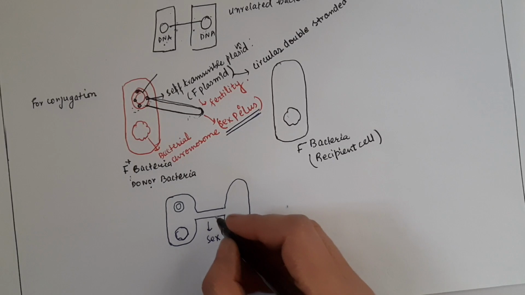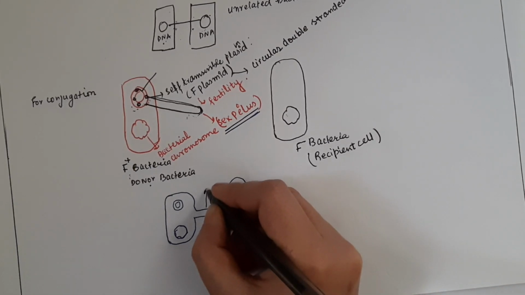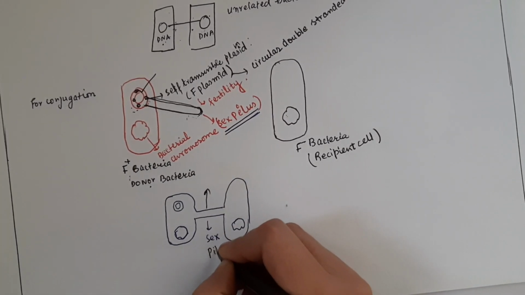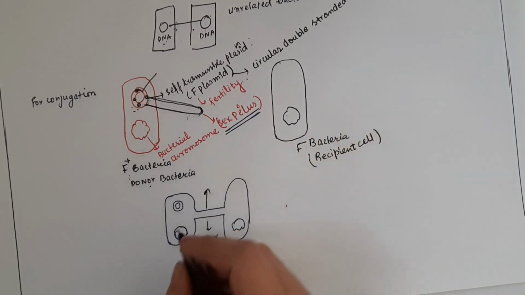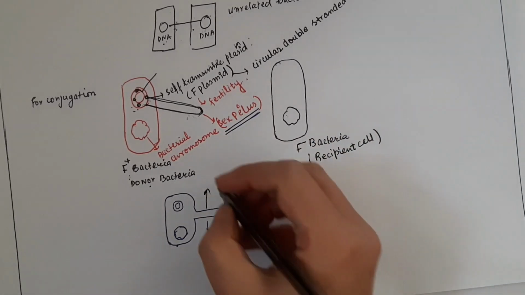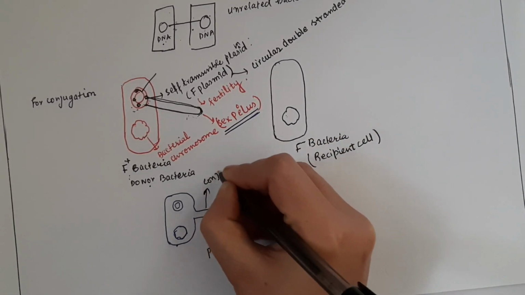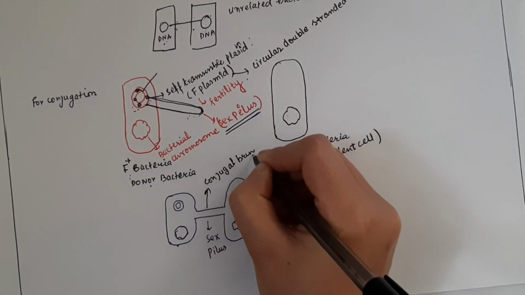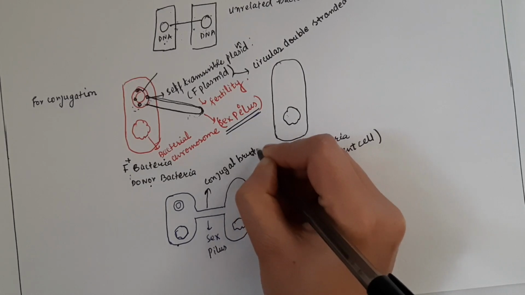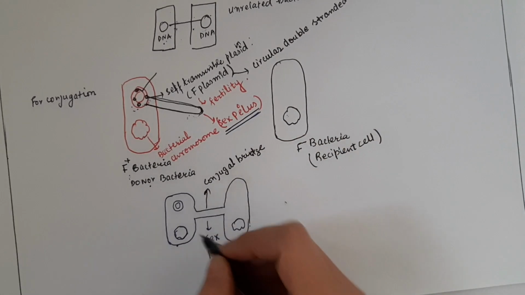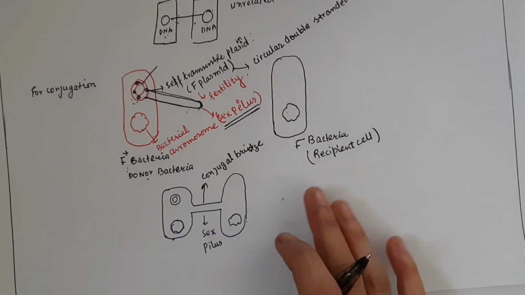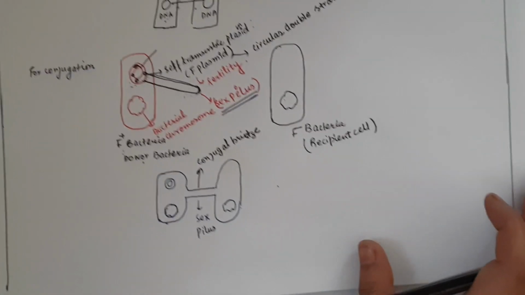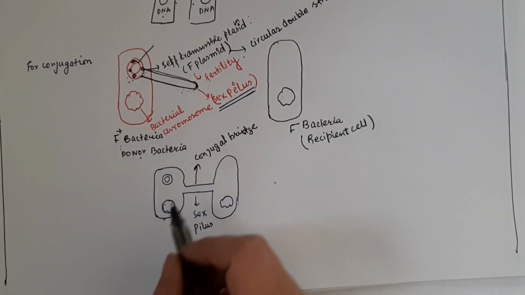This sex pilus forms a bridge between the donor bacteria and the recipient bacteria, and that bridge is called a conjugal bridge, through which transfer of this plasmid takes place.